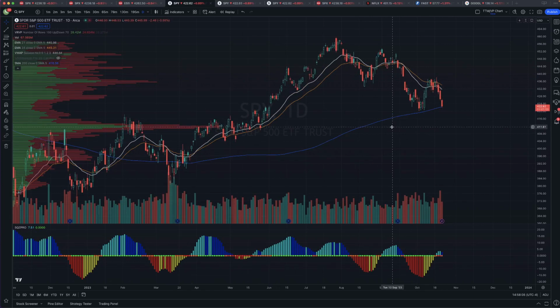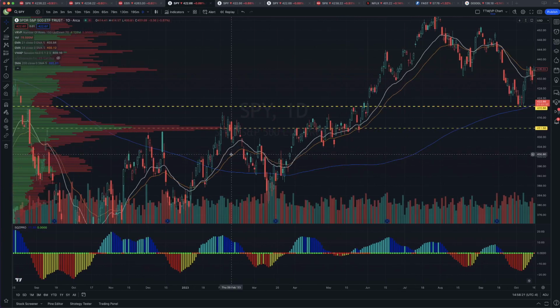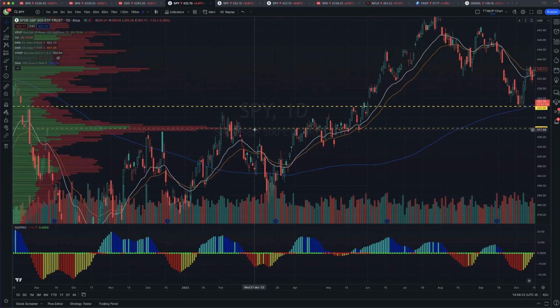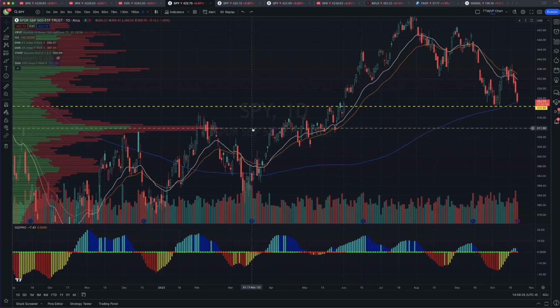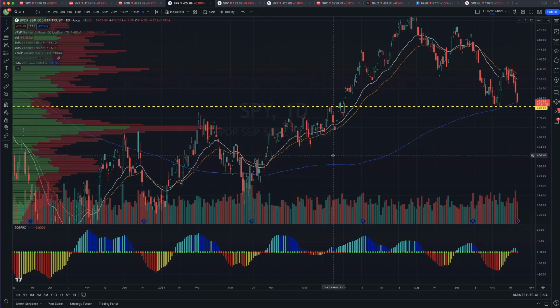But I do think if we roll out of this level, if we break down that level there, I think we're moving all the way down into 411.66, and I hope you can see why I say that, with that massive VP node here.